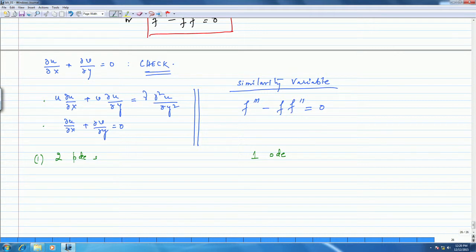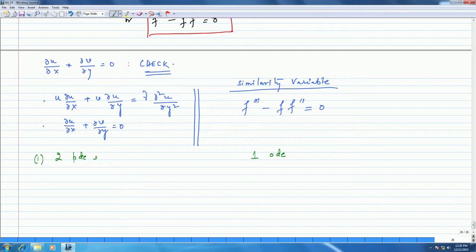That is basically a numerical simplicity. It is easier to solve, that's all. So we've taken two PDEs and converted them to one ODE using the similarity variable. And this is, of course, a nonlinear ODE, and it's of the third order, because you have d³f/dη³.